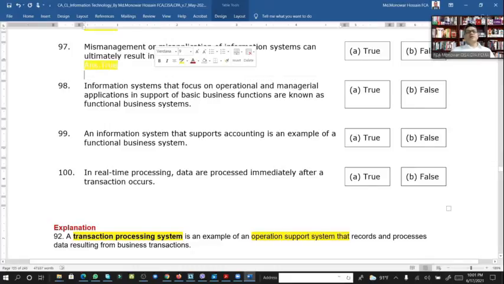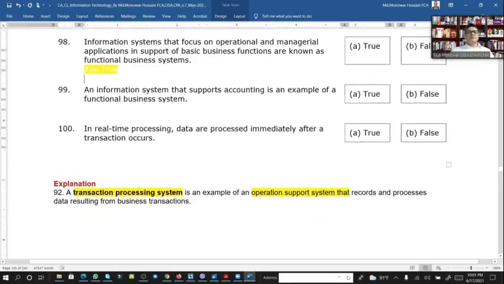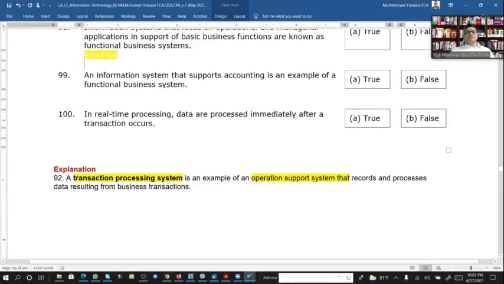It is also true. Information systems that focus on operational and managerial applications. Also true. An information system that supports accounting is an example of a functional business system. True. In real-time processing, data are processed immediately after a transaction occurs. It's also true.